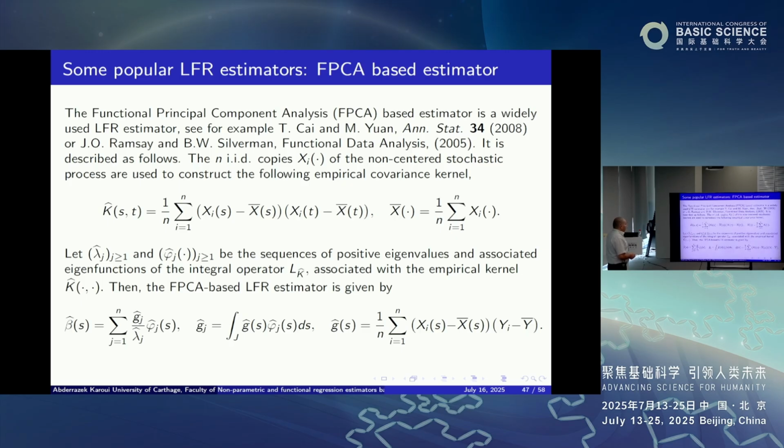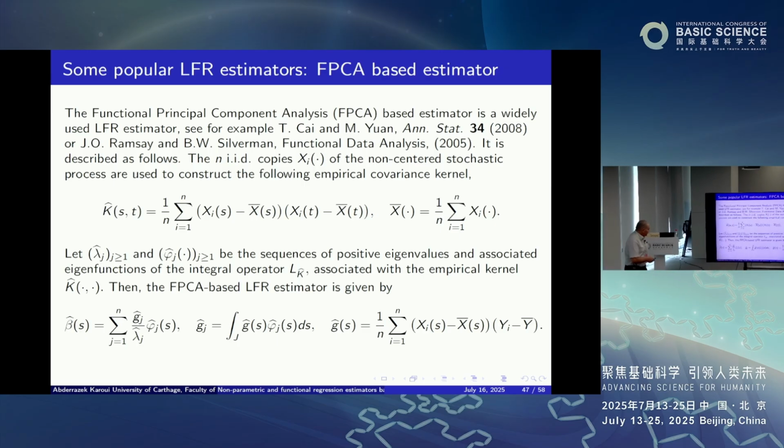Also, there is a linear functional regression estimator based on kernel methods given by Yuan and Cai. Tony Cai is here. He's going to give a lecture tomorrow. And what we propose is a random projection based estimator for solving the linear functional regression problem.